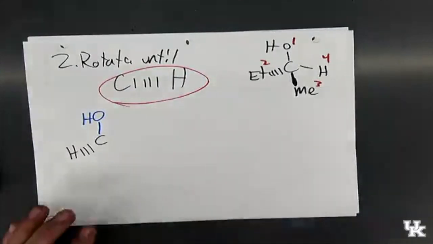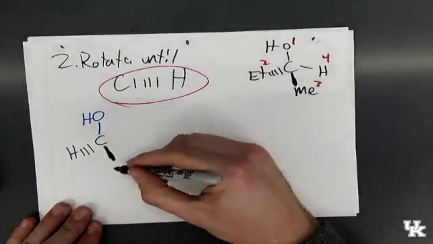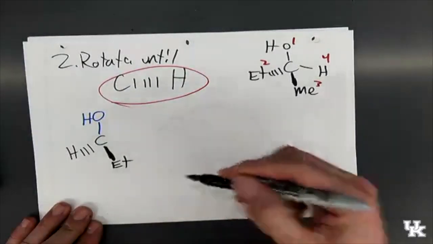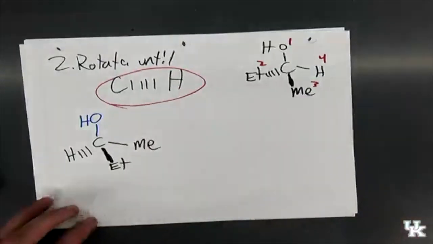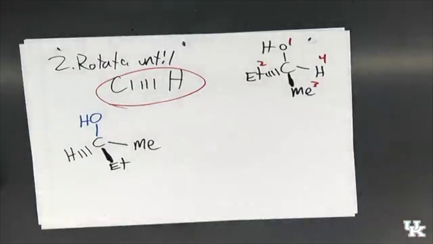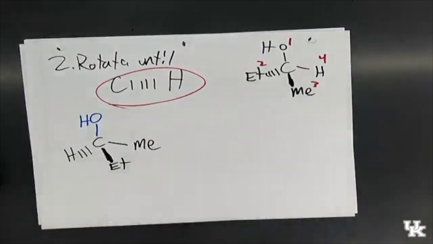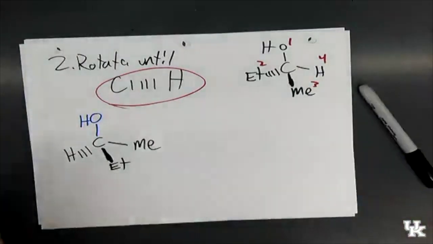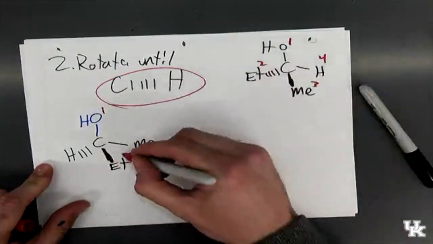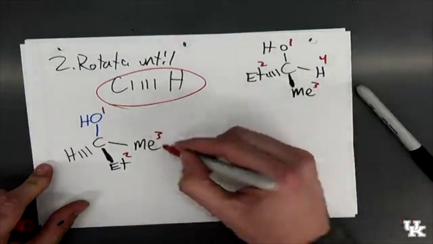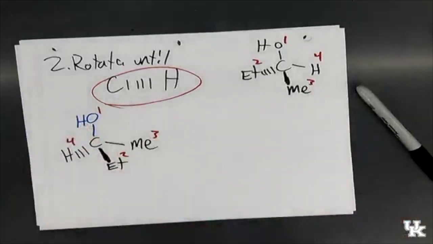So now the ethyl is in the dash and the methyl is in this position, right? All right, so then the H is in the dash like we wanted. Let's reassign priority. 1, the ethyl is number 2, methyl is number 3, and hydrogen is number 4.